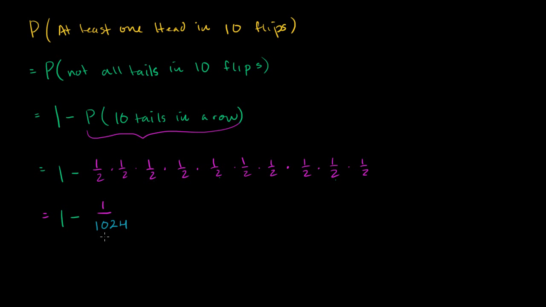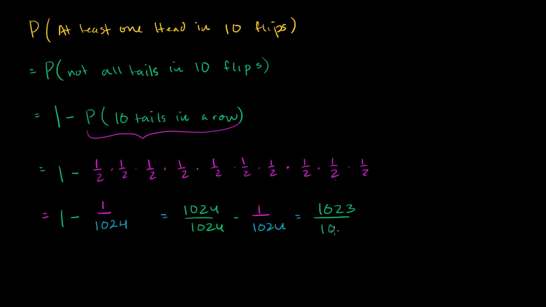Over 1024. This is the exact same thing as 1 is 1024 over 1024 minus 1 over 1024, which is equal to 1023 over 1024. We have a common denominator here.